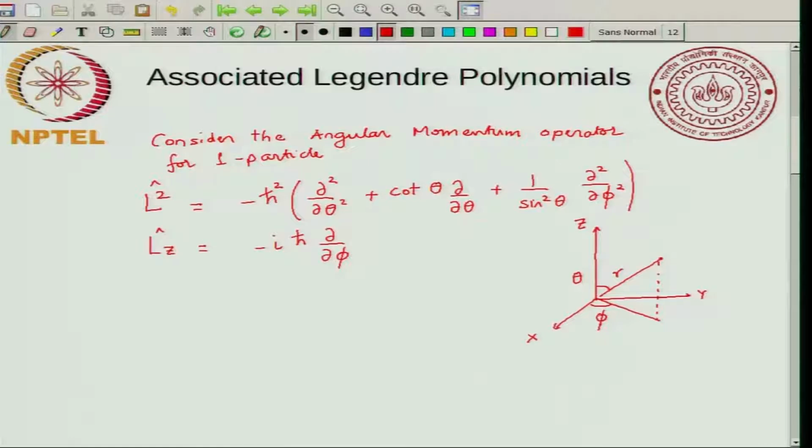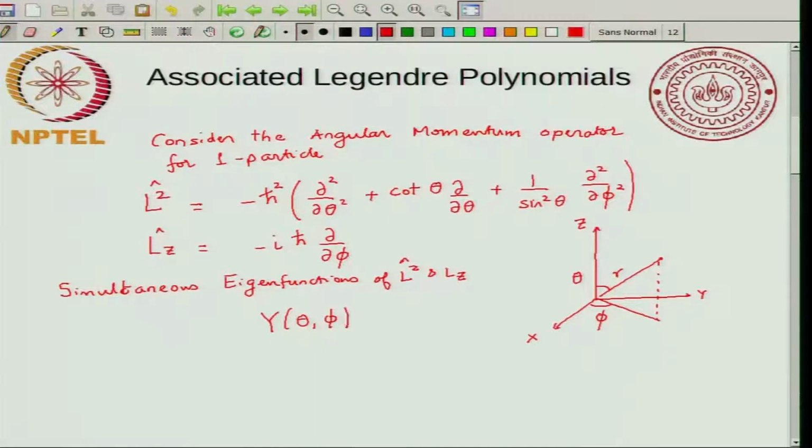Now the problem that we are interested in is finding simultaneous eigenfunctions, as they are known in quantum mechanics, of L square and Lz. We will denote these functions as y of theta, phi.